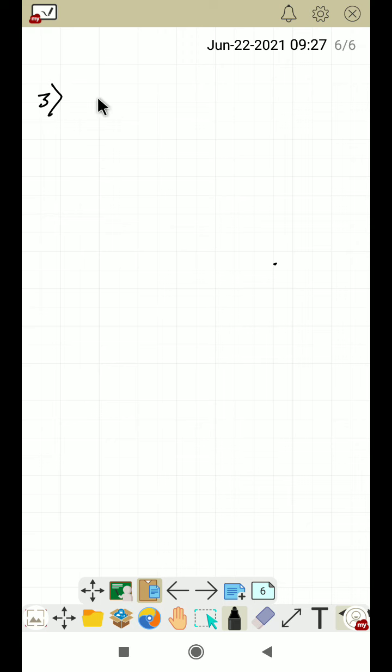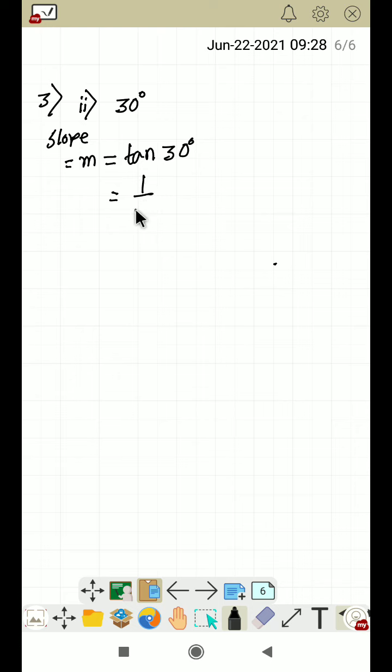Now go to our main problem, question 3 part 2. Here the angle of inclination is given as 30 degrees. From here you have to find the slope of the line. The tangent value of that angle is the slope, that means m is equal to tan 30 degrees. You know that tan 30 degrees is 1 by root 3. So 1 by root 3 is the answer.